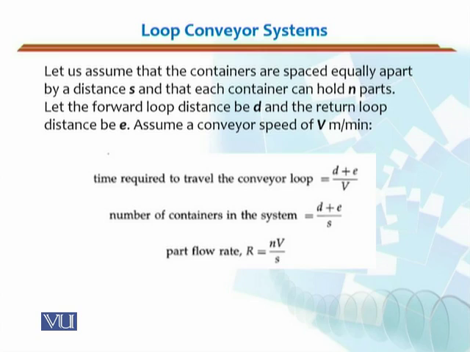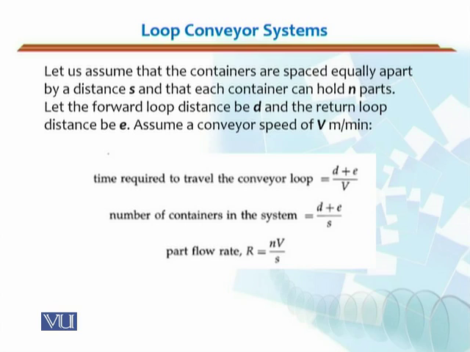The number of containers in the system would be represented by the forward loop distance plus the return loop distance divided by s, the spacing between the different containers. And the part flow rate would be given by r, which is nv over s. This is similar to the flow rate which we found for a single direction conveyor system as well.